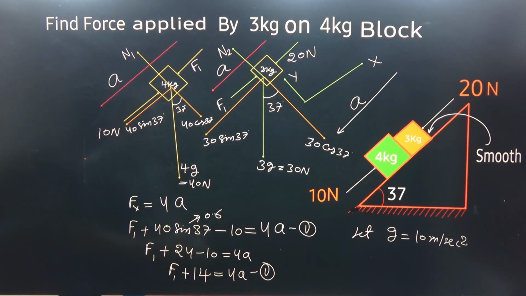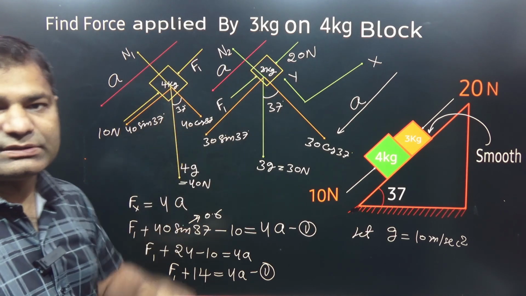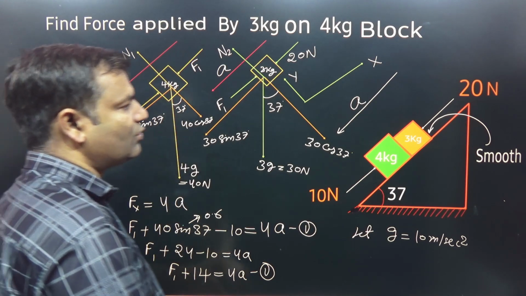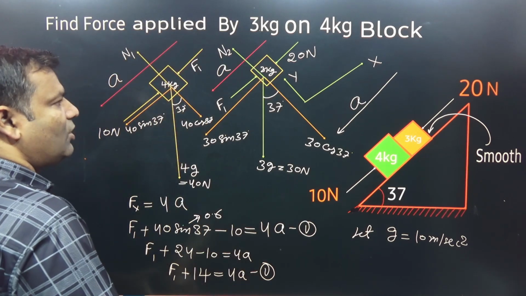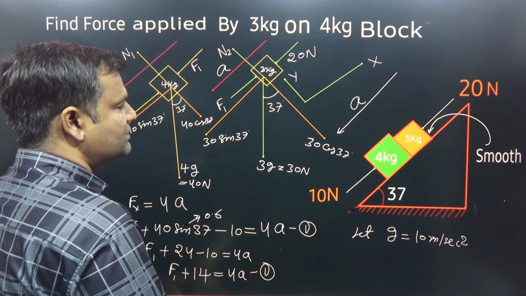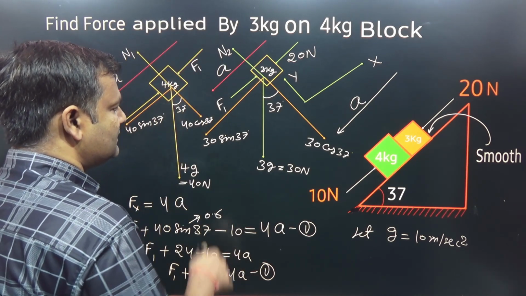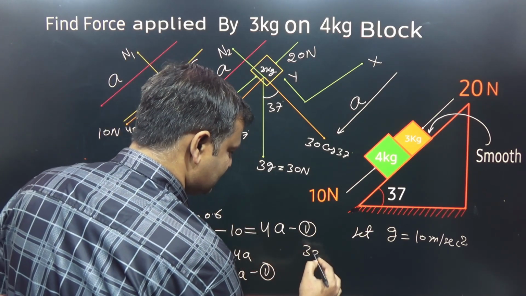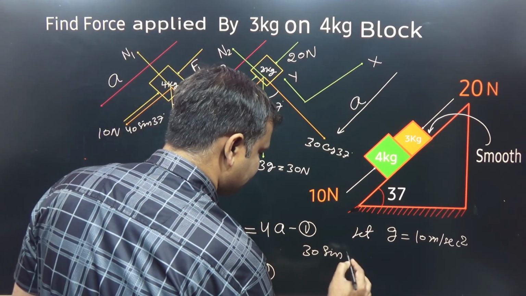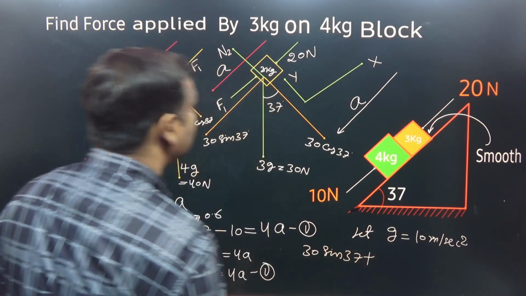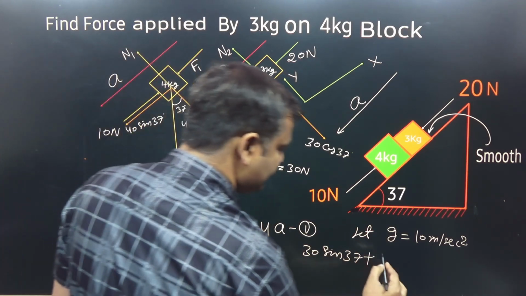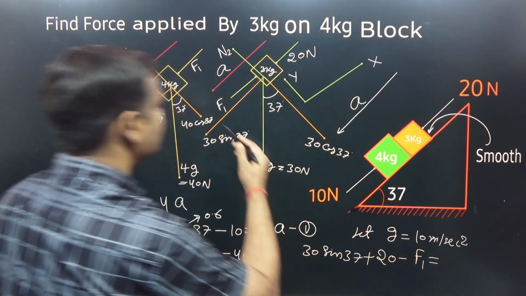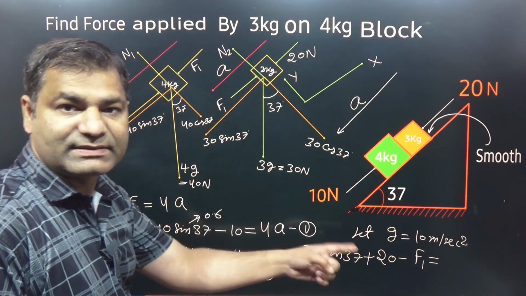After that, focus on the 3 kg block. This 3 kg block is also going in the downward direction. So how many forces in the downward direction? 30 sin 37 plus 20 Newton. And F1 is in the opposite direction of these two forces, so minus F1.